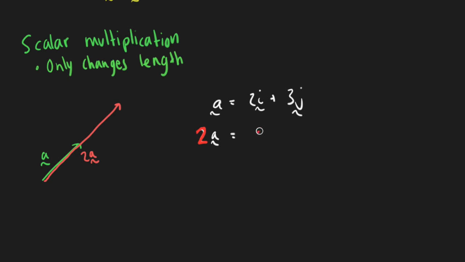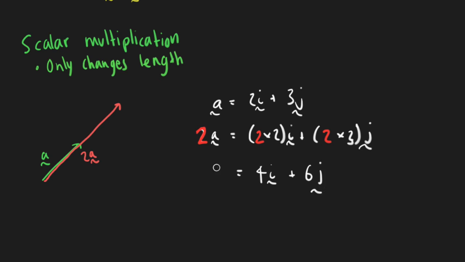So this becomes, so I'm just gonna write it out like this. So 2 times 2i plus 2 times 3j. Again, I'm doing this a long way, but you really don't need to do that. You can really just do it in a single step because it's so quick to do.